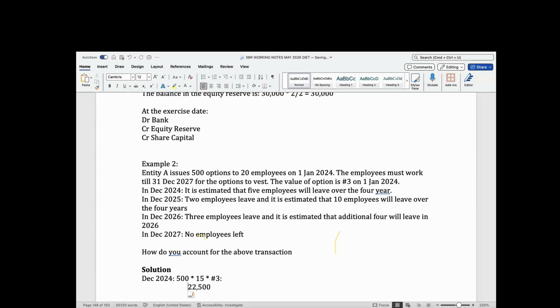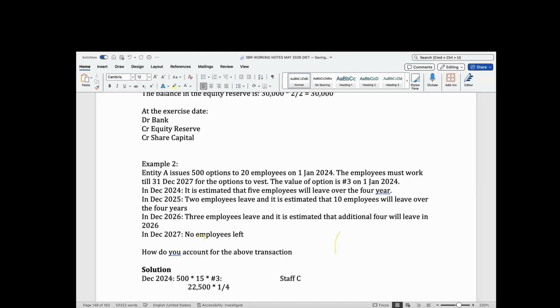So what am I recognizing in year one? I cannot recognize this entire amount. This entire amount is the value of the option at the vesting date. So how much of this value will I recognize in year one? I'll multiply it by what? Over 4. 1/4.